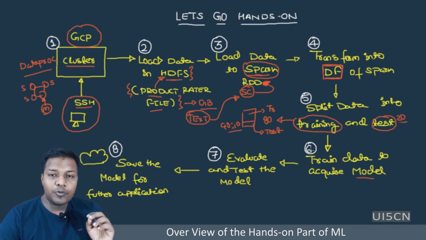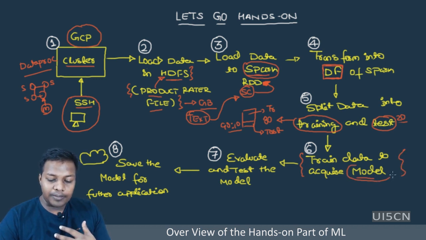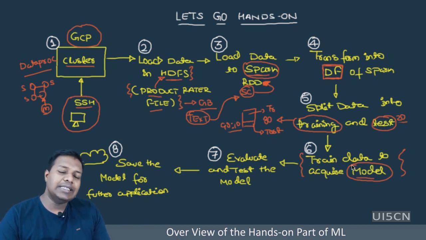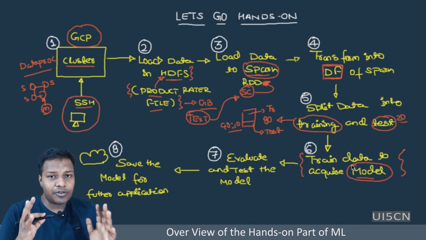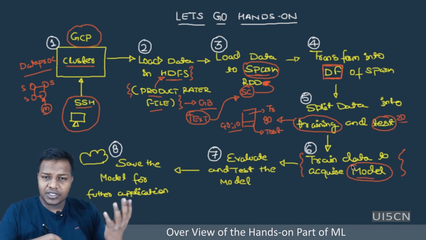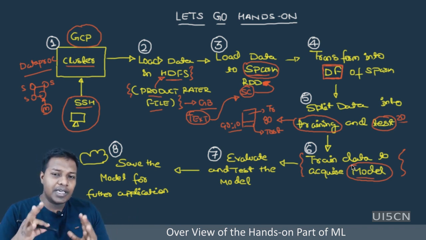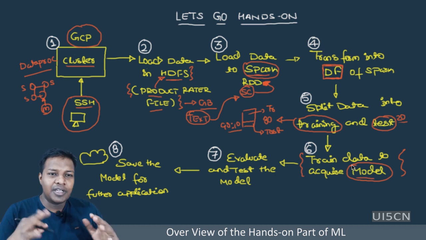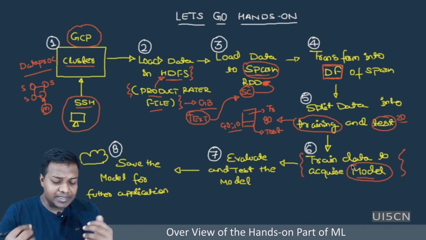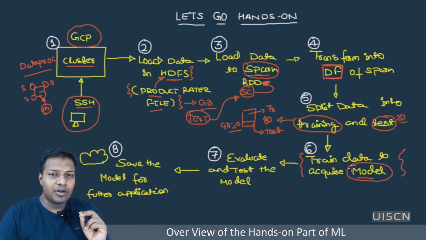Now the next thing we do is train on the data set and acquire the model. This model would basically be a large two-dimensional matrix. As in the maths we have seen, the product and the user make a large matrix where the rows and columns will be in millions. This model will be validated with the test data in the next step, but the model is basically what we are after.